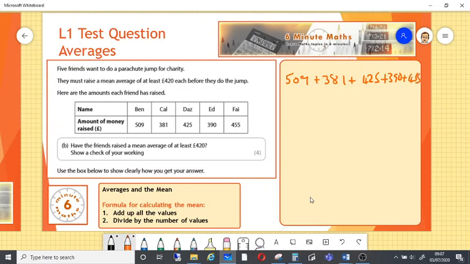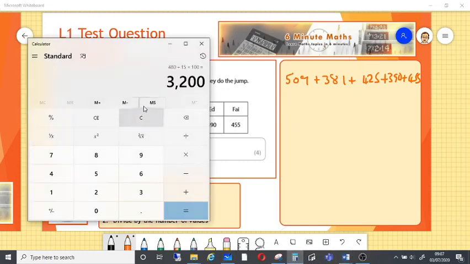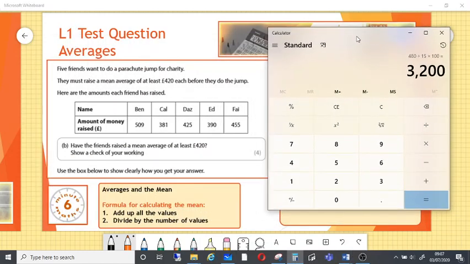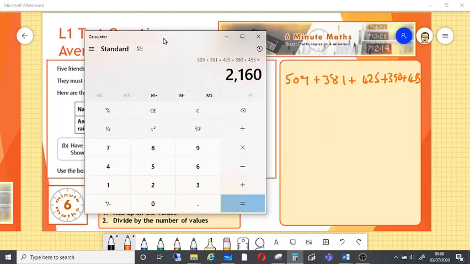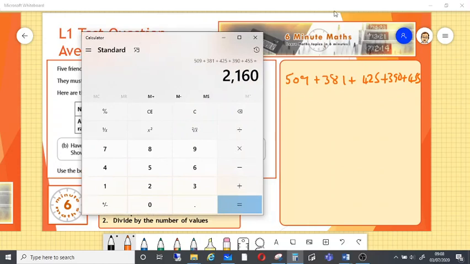Let's just use the calculator for that, just to check the answer. Always better to do that. 509 plus 381 plus 425 plus 390 plus 455 equals £2,160.